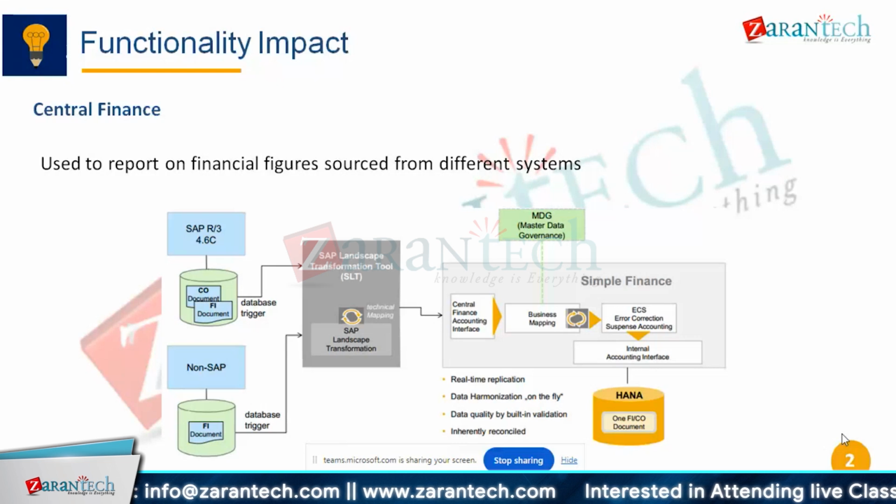Central finance. Functionality impact. It used to report on financial figures sourced from different systems. So simple finance from different systems are there. You can report to the central system, and from there it will get transferred to the HANA database system.